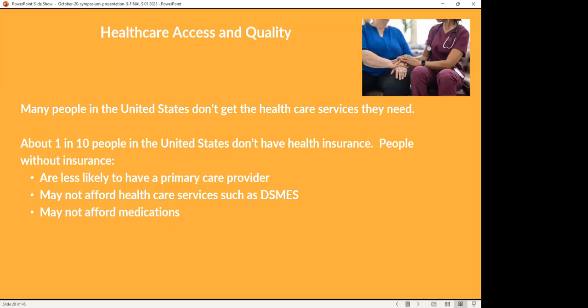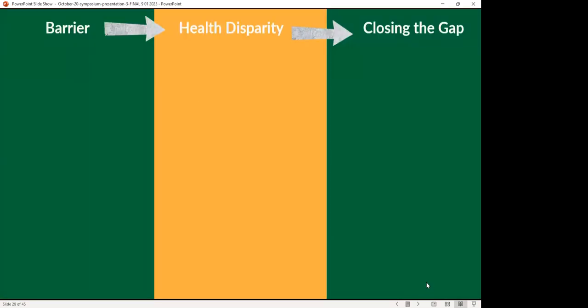Individuals may not get the referrals that they need for certain screenings like cancer screenings, mammograms, vaccinations, etc. Sometimes they may live away from healthcare providers, etc. So all those things are part of that healthcare access and also the quality of healthcare services that they might need, and they may forego those services, which results in those healthcare inequities.